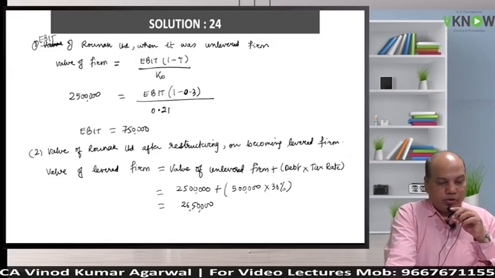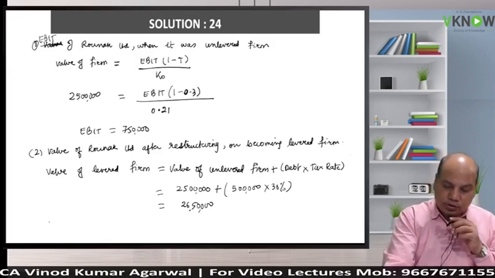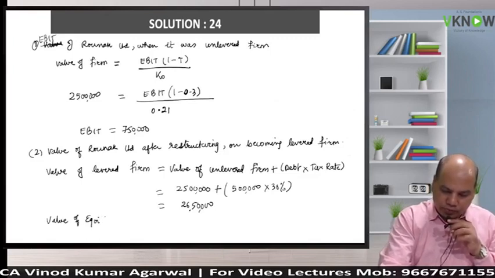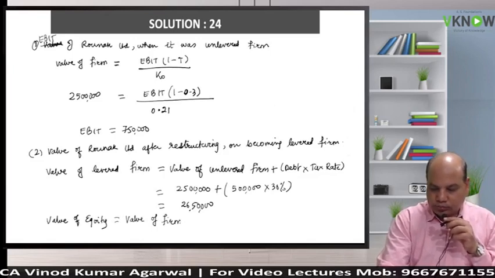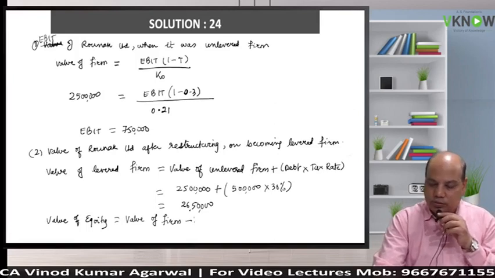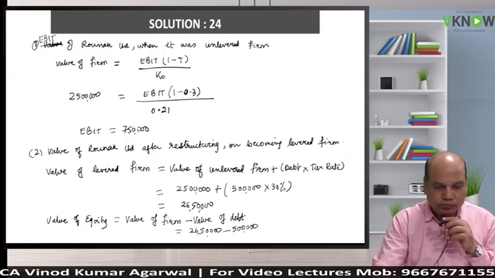Okay. Now the next question is what will be the cost of equity? For that, first I will find out the value of equity. Value of equity formula is value of firm minus value of debt. So the value of firm is 26 lakh 50,000 minus 5 lakh, which is 21 lakh 50,000.